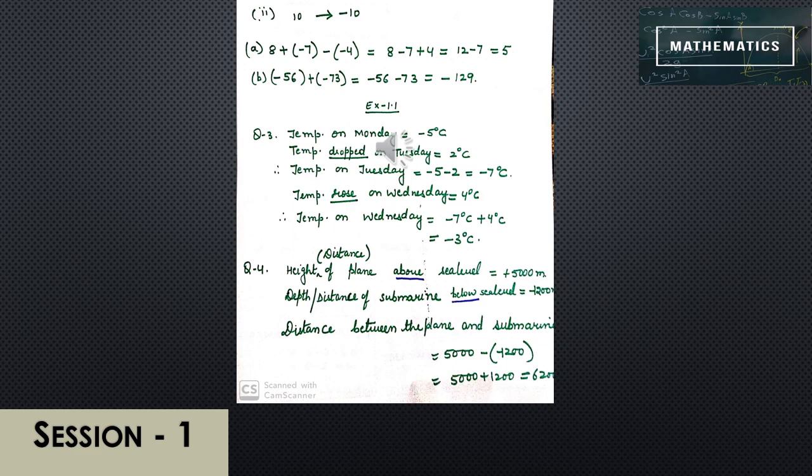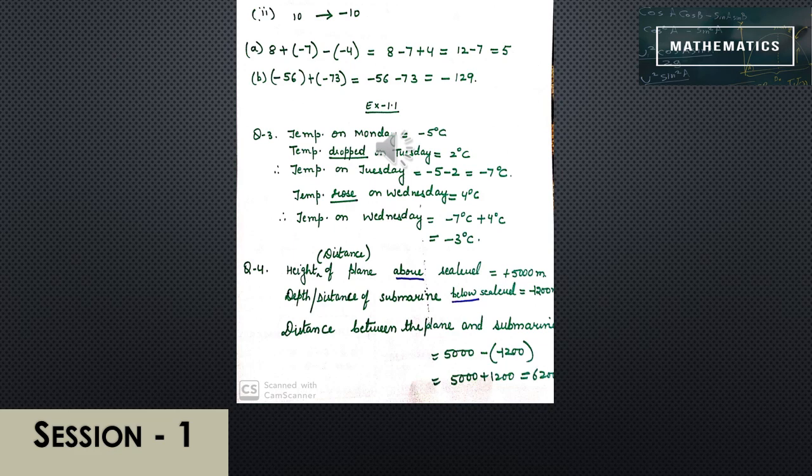One integer is negative and one is positive. If one is negative and one is positive, we will subtract the two numbers and the sign will be of the greater number. So minus 7 plus 4 will become minus 3. Minus 3 degrees Celsius will be the temperature on Wednesday.